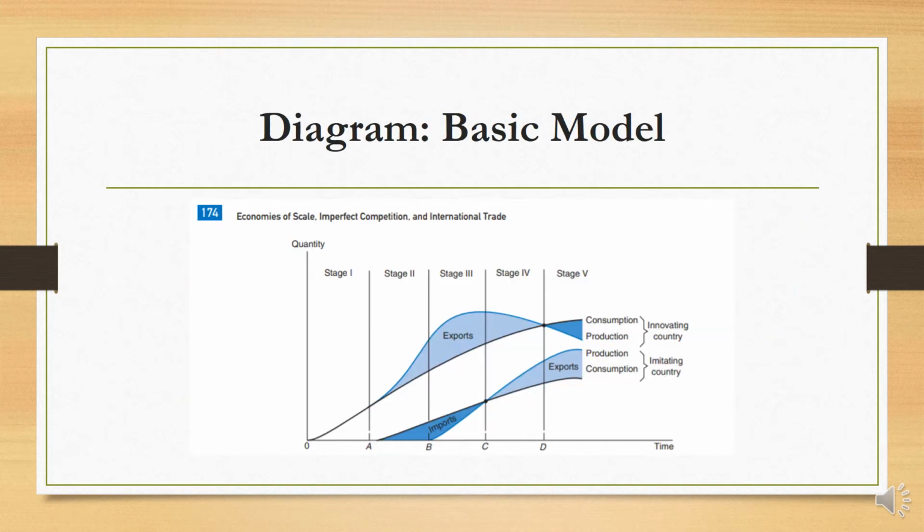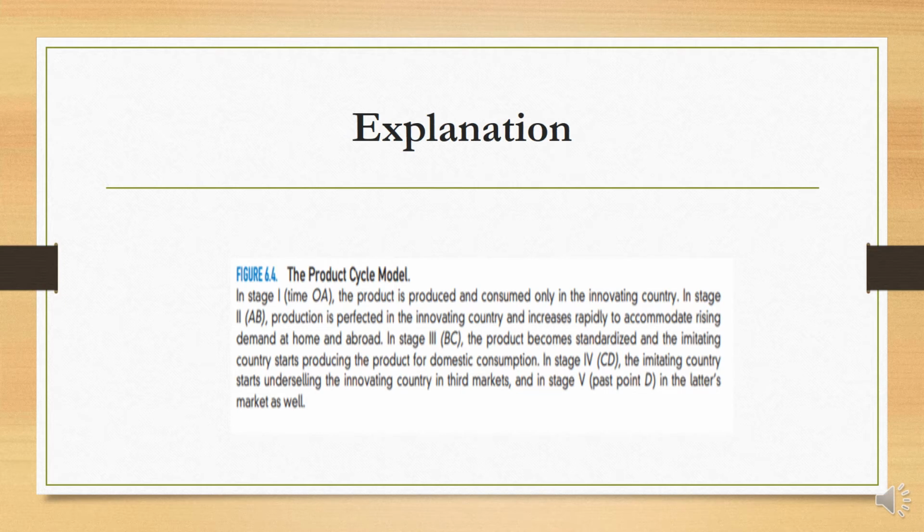In stage 1, time OA, the product is produced and consumed only in the innovating country. In stage 2, time AB, production is perfected in the innovating country and increases rapidly to accommodate rising demand at home and abroad as well.